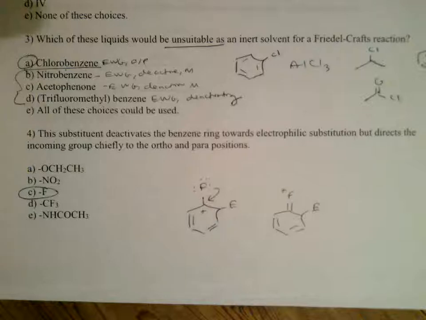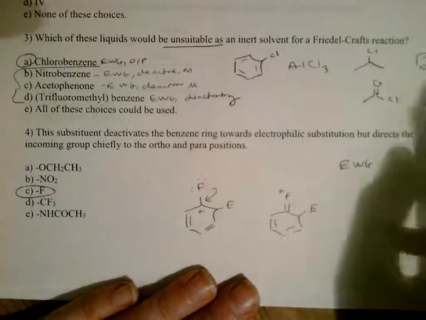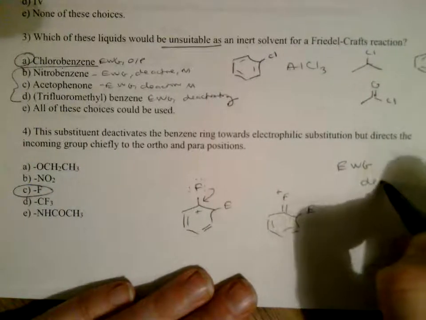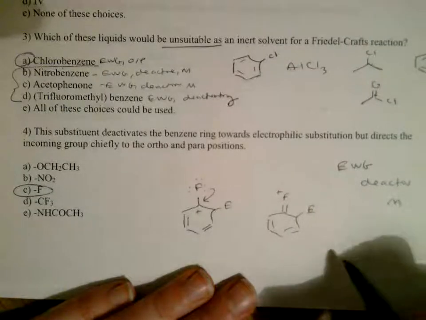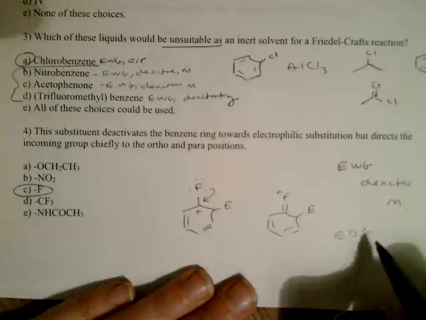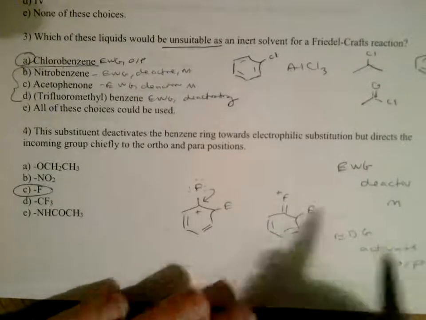to where any halogen is going to be weakly deactivating due to its electrons pulling away, but will direct to the ortho para position. So normally if you have an electron withdrawing group, it's going to deactivate and be a meta director. If you have electron donating group, it's going to activate and be an ortho para director.